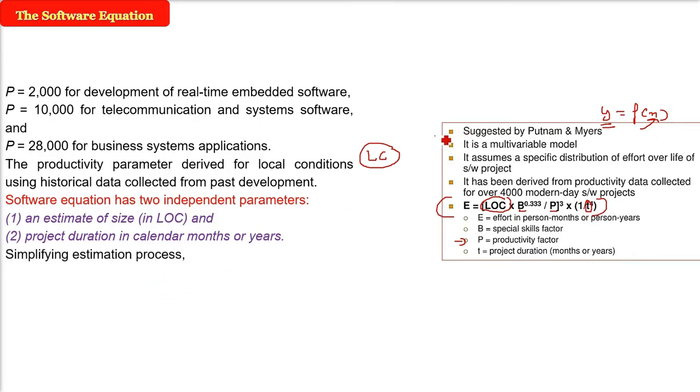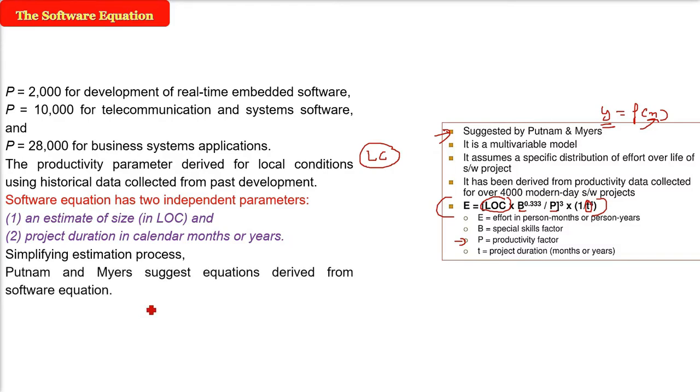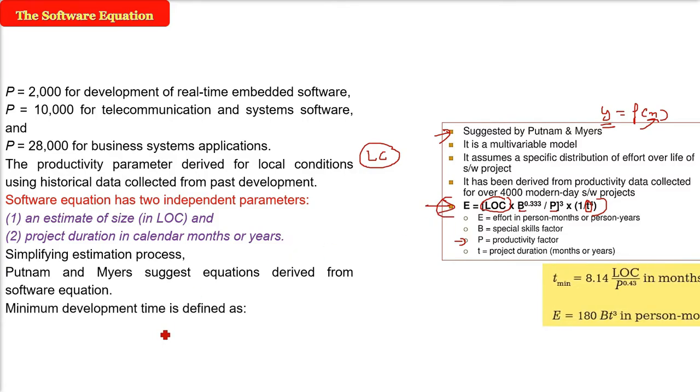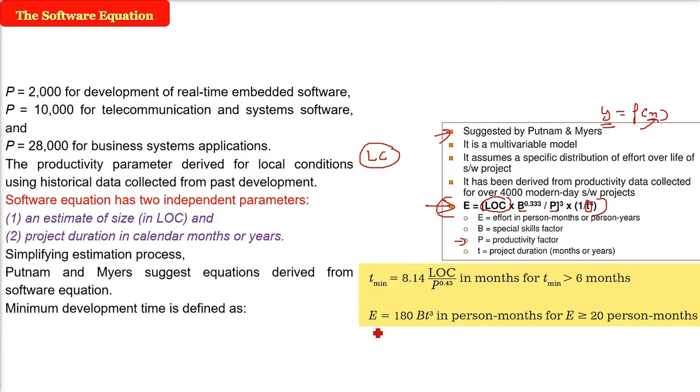So Putnam and Myers simplified this estimation process with certain restrictions, and they suggested equations derived from the software equation, which is this one. What will be this one? The minimum development time is defined like this: 8.14 into (LOC by P) to the power 0.43. P is the productivity factor, and this is used when the minimum time is greater than 6 months.